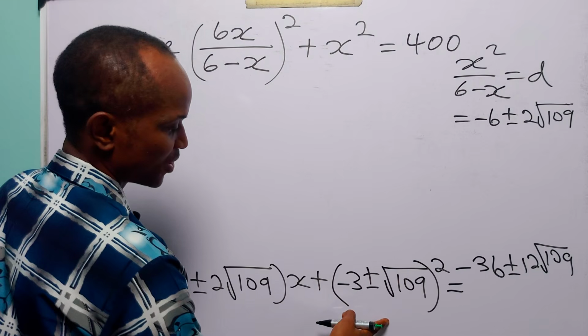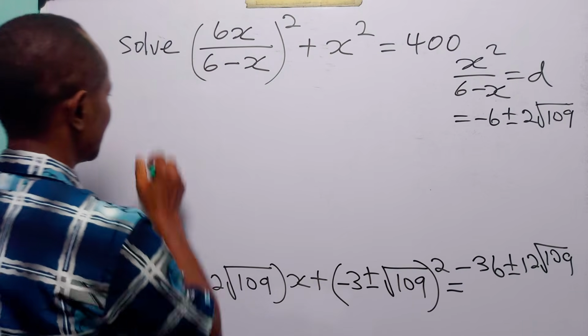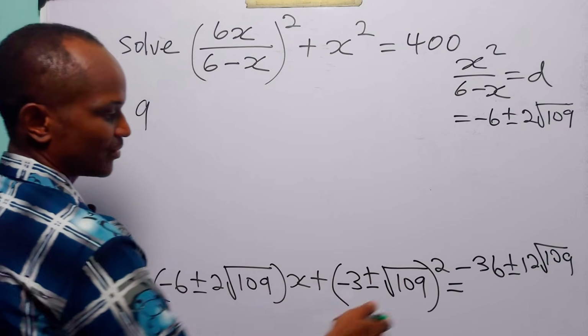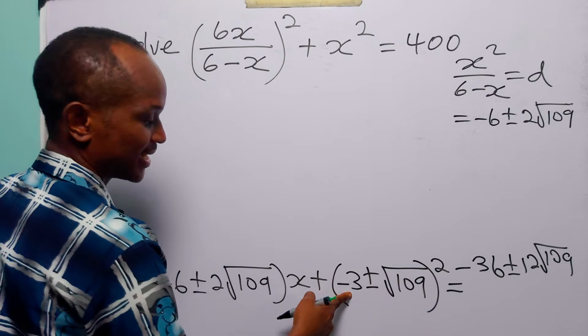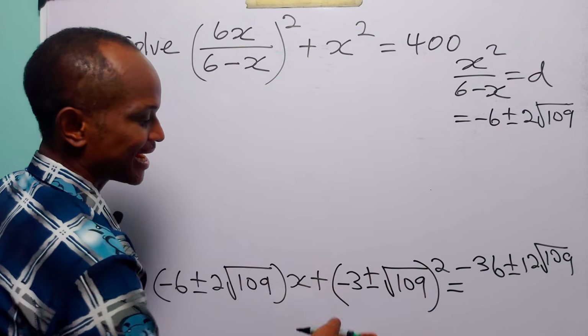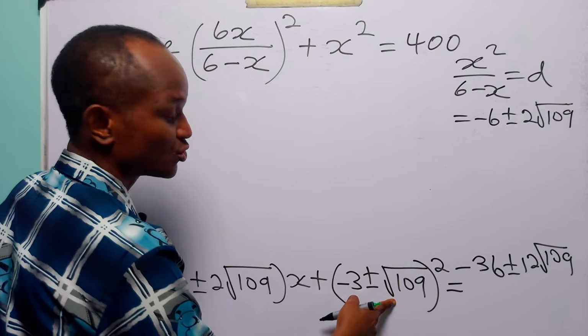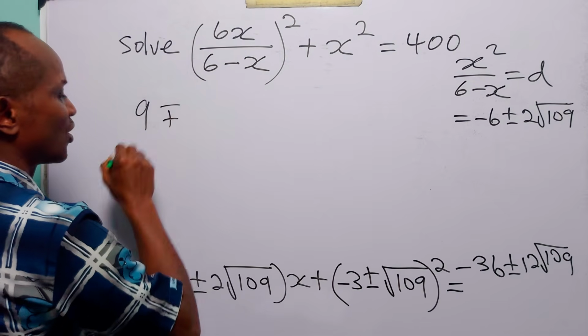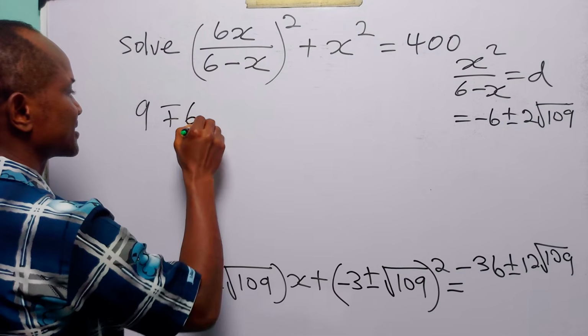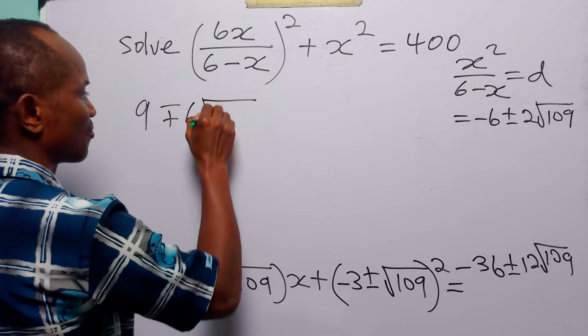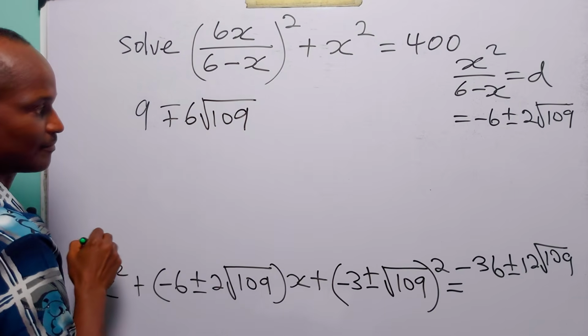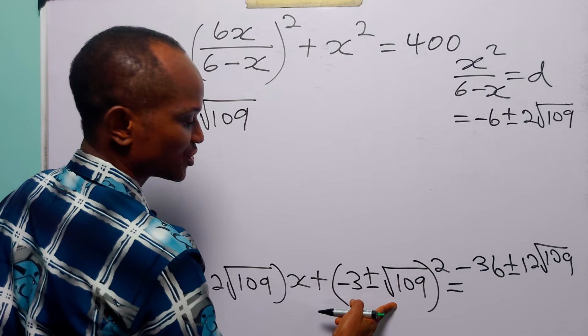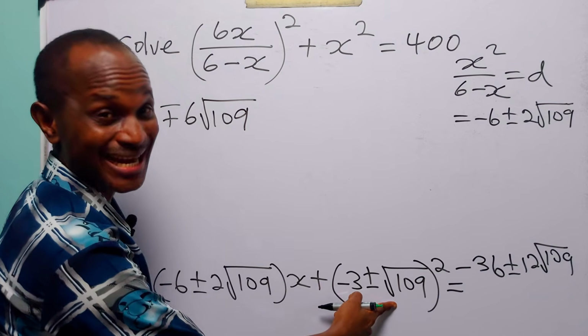Now, when we square this quantity, we have minus 3 squared, that is 9. Then we have 2 times minus 3, that is minus 6, times plus or minus root 109. That is going to give us minus or plus 6 root 109. Then we have plus or minus root 109 squared.